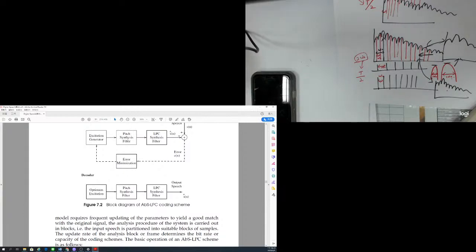Pitch prediction we covered in the previous chapter, and next week we will look at how to do pitch prediction in the time domain and frequency domain. And then the residual signal: after pitch prediction, for the residual signal we use excitation, for example a white Gaussian model, depending on how to model the final residual pitch signal.